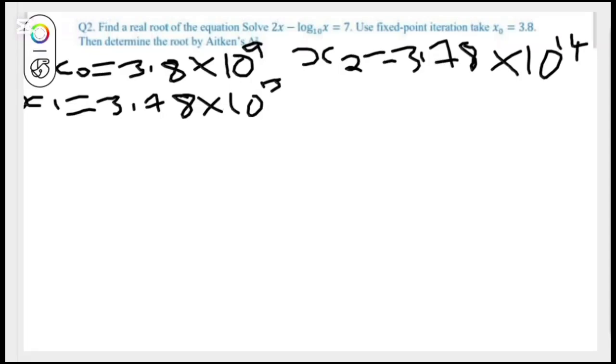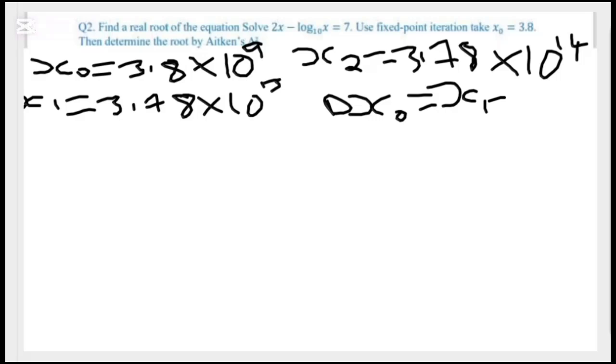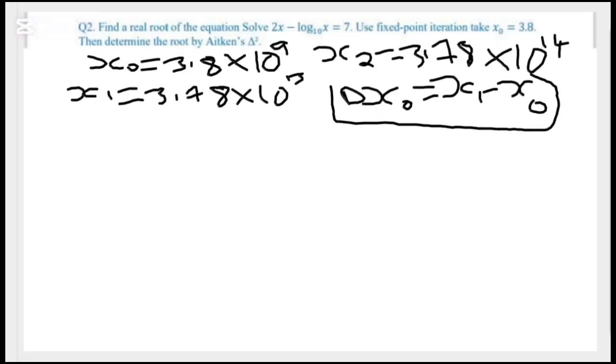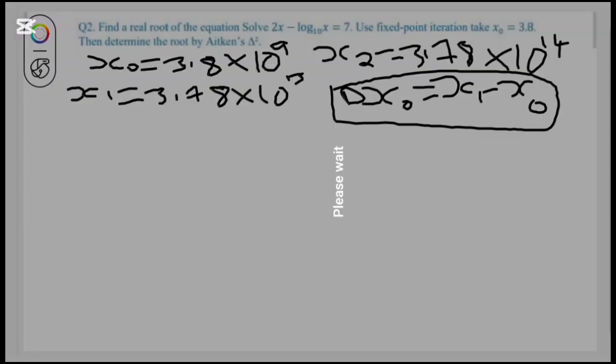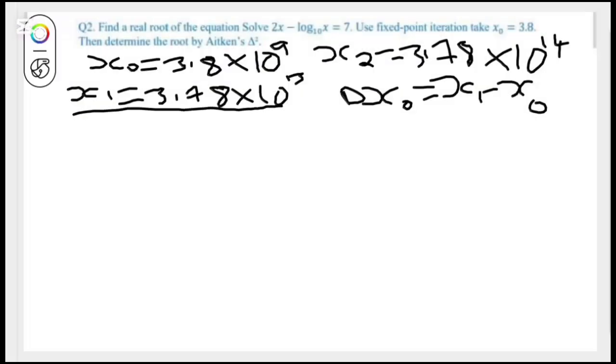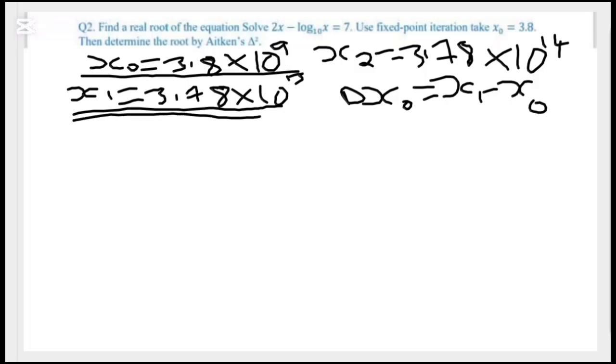So the next thing that I'm going to do, I have to find the dx0, because from the Aitken's delta square process we have dx0 and we have delta square x0. So we are going to find each of them. So dx0 is x1 minus x0. And you have to take note of this. We have x1 and we have x0. So no need of writing it, but you have to say this minus this.